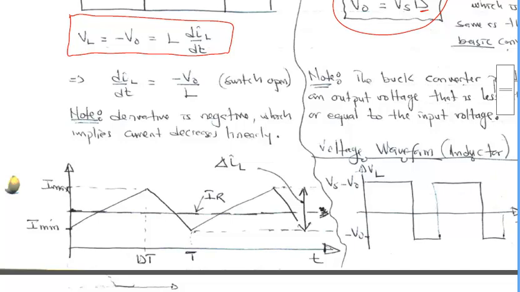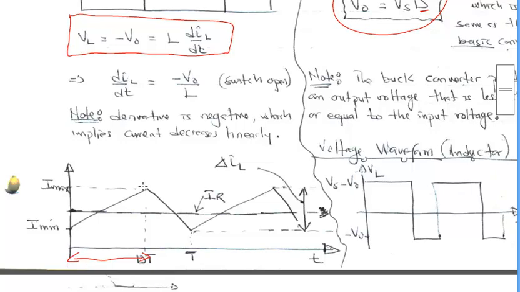Very quickly, let's take a look at what we have just done, and I want to show you this over here. So this is the analysis we did. For the first period, from 0 to t, the switch was closed and the inductor current increased.